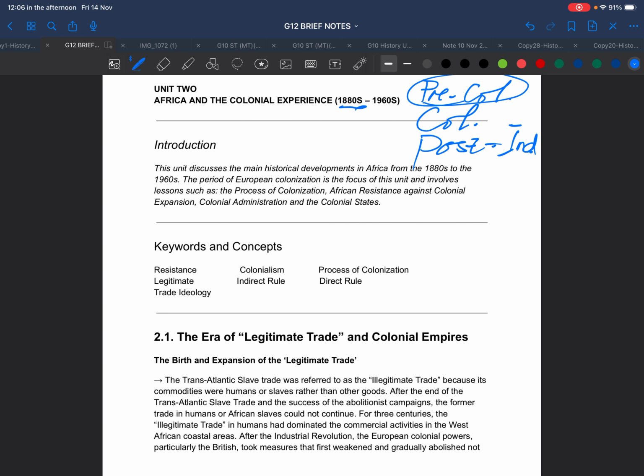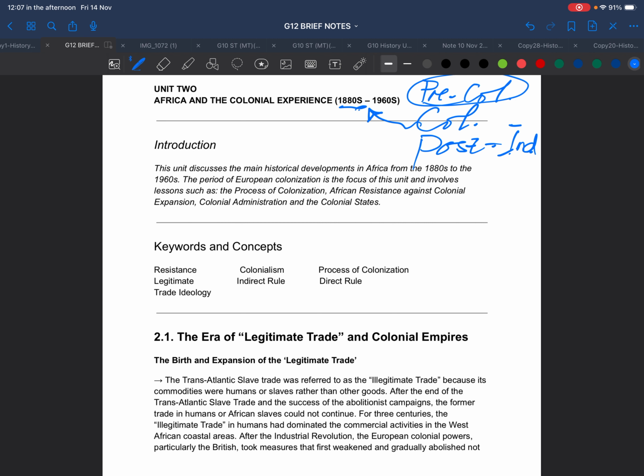And Unit 2 refers to the period from the 1880s to the 1960s, the middle one, and then the post-independence in the end. In Grade 12, there is a portion concerning post-independence, how Africans achieved their independence, being free from the colonial yoke.